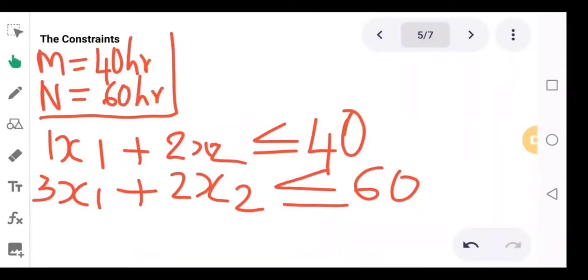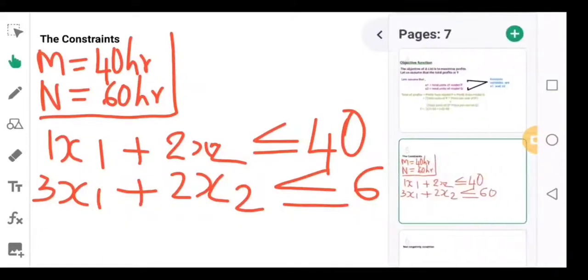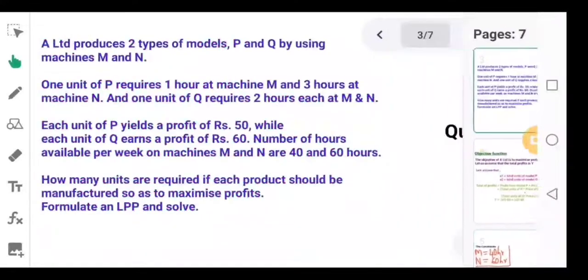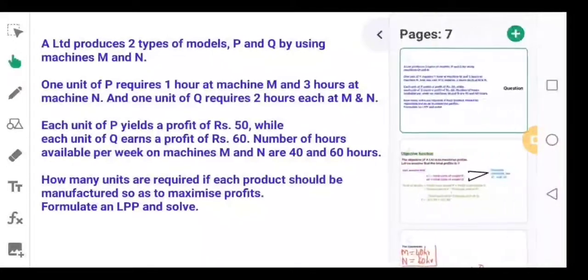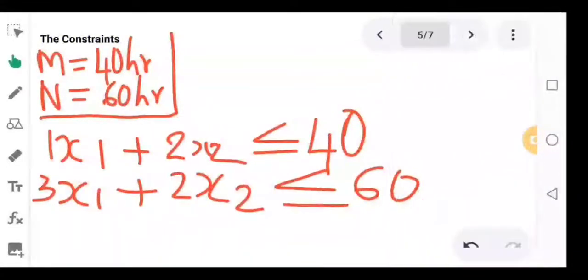I hope it's clear. Then again this, we require 3 hours. It's given here, we require 3 hours to produce 1 unit of P. That's why 3 came here. And there are how many units of P?